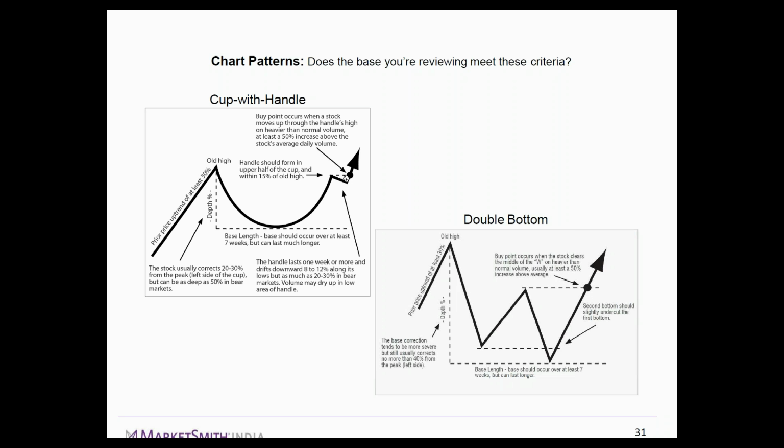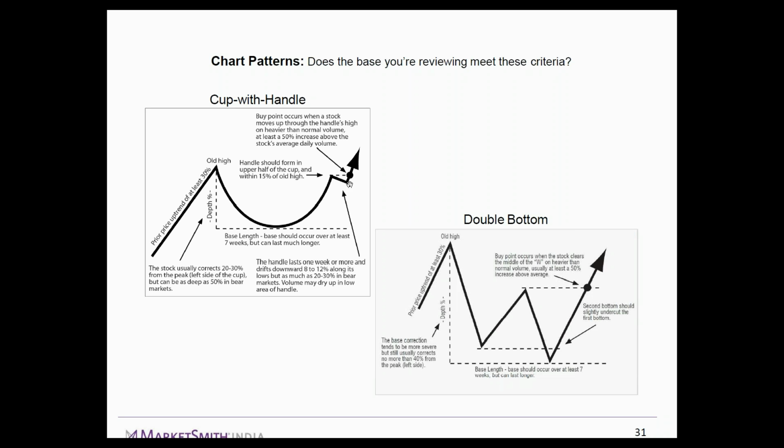Usually the buy point occurs when the stock moves up through the handle's high on heavier than normal volume. As we have been speaking about, the volume should be at least 50% above the stock's average daily volume. So this is where the buy point occurs.